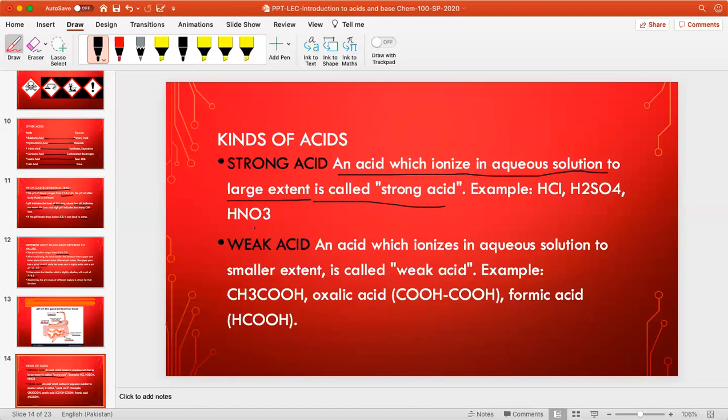strong acids. When we go to weak acids, any acid which ionizes in aqueous solution to a smaller extent, meaning only a very little ionization happens, so they are converted into hydrogen and hydroxide ions only to some extent. This is called a weak acid, and very common examples are acetic acid, formic acid, and so on.